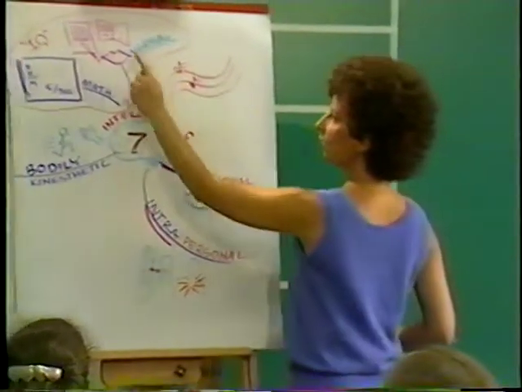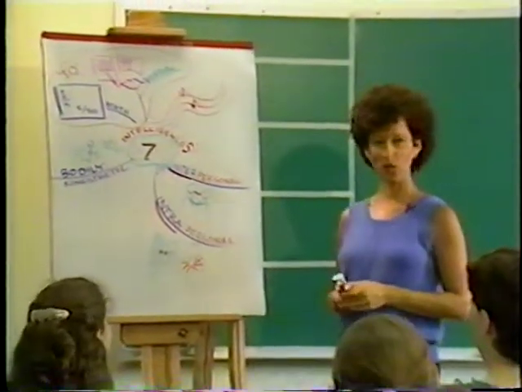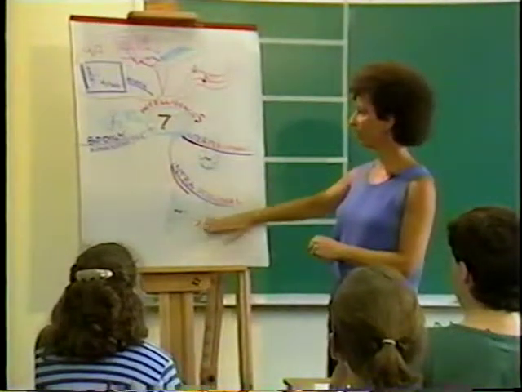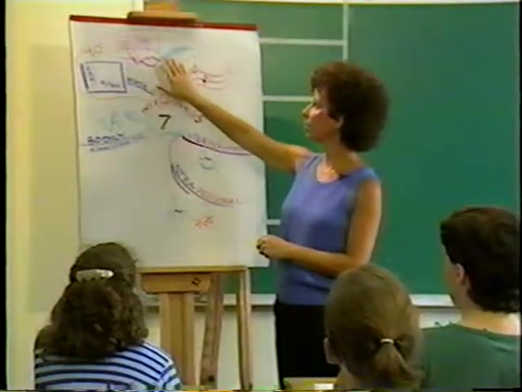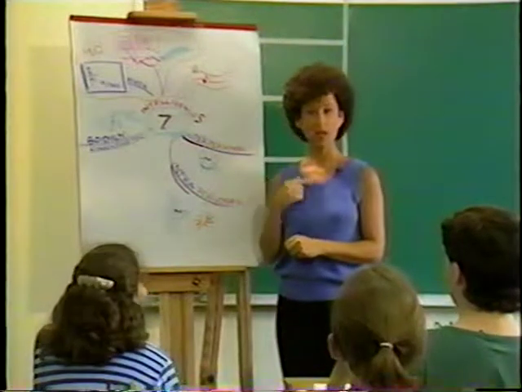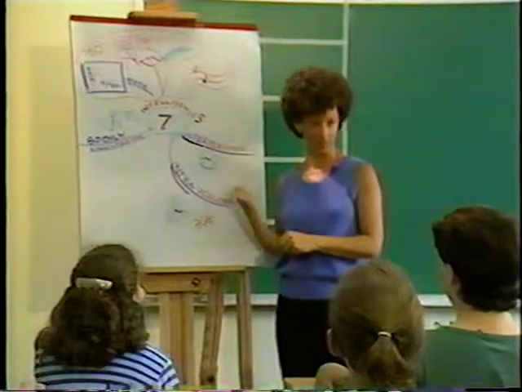1, 2, 3, 4, 5, 6. There's one more intelligence we need to add to our list. We've got inter, between people, intra, within yourself, bodily kinesthetic, mathematical, verbal, musical, and the last one is a skill that I use a lot and that we're using right now by drawing pictures. Artistic.